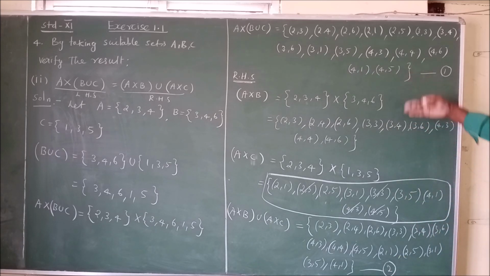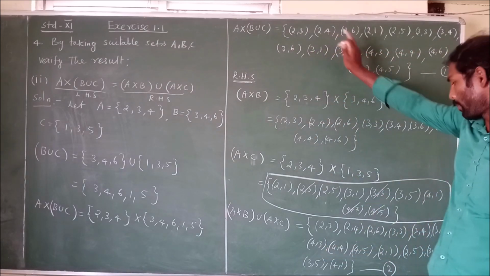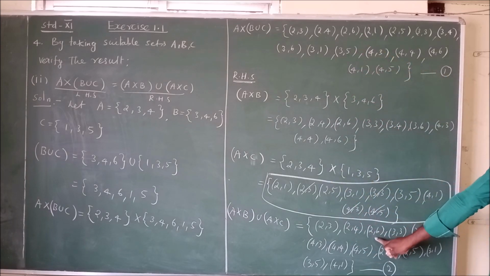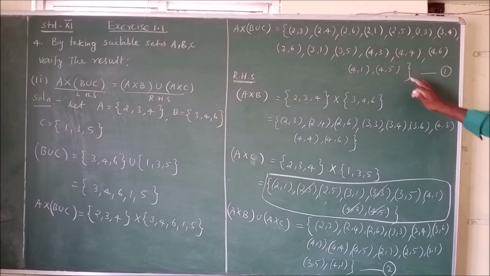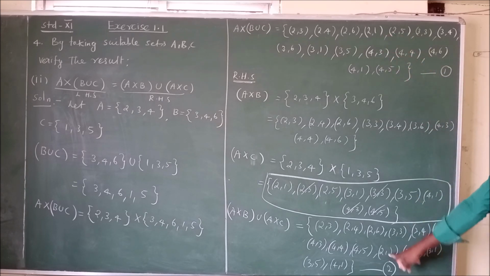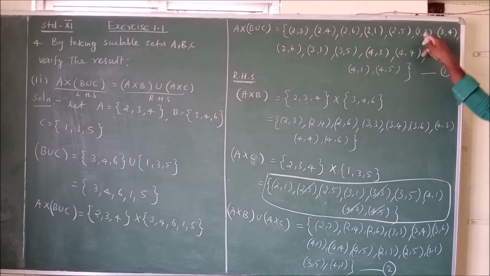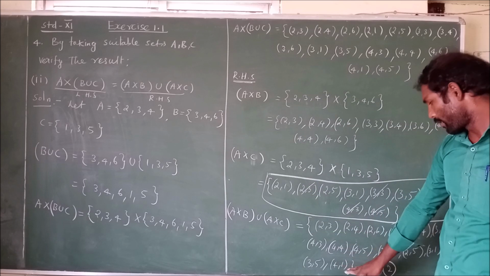Compare 1 and 2. 2 comma 3 is also in 2, 2 comma 4 also, 2 comma 6 also, 2 comma 1 also, 2 comma 5 also, 3 comma 3 also, 3 comma 4 also, and 3 comma 6 also.